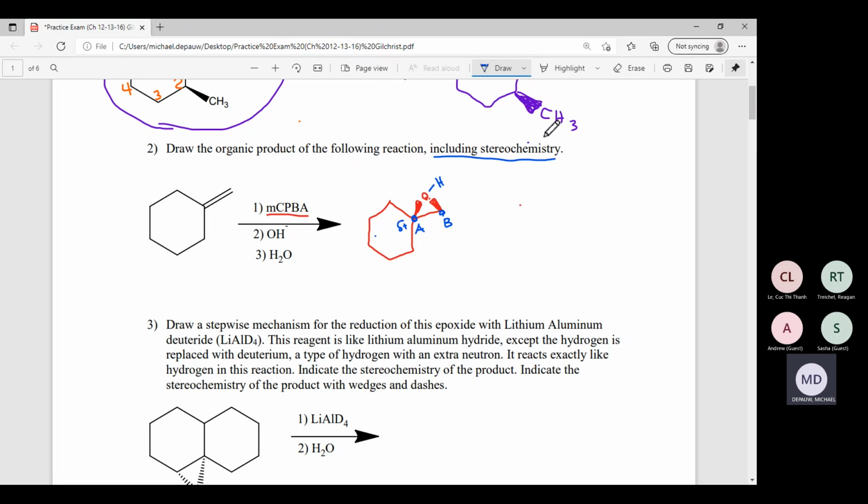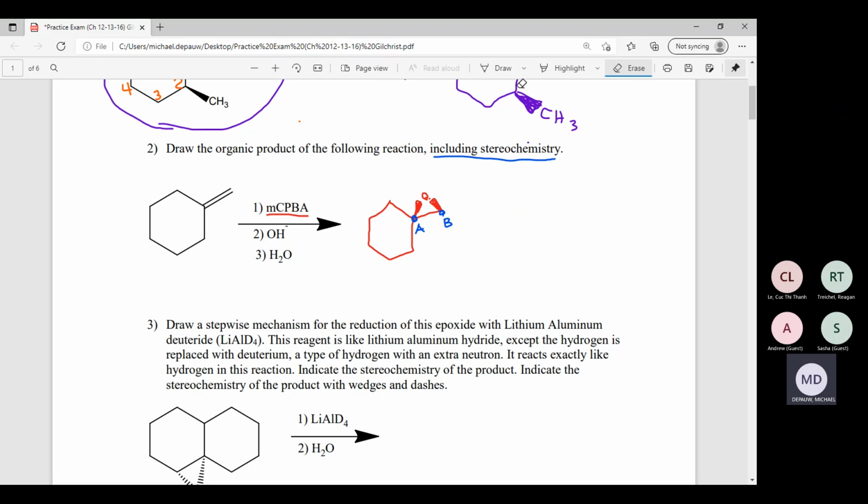However, in base or even neutral conditions, you're not going to get it adding to the more highly substituted position, because of steric hindrance.